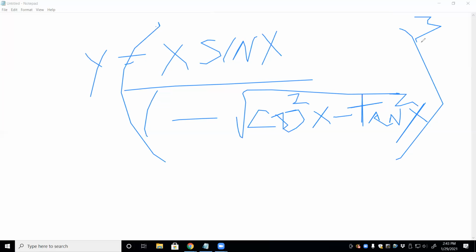Remember, calculus is a process on functions. Always doing something to functions. Differential calculus, you're differentiating functions. Integral calculus, you're integrating functions. Integration is just the inverse of differentiation. You've learned inverses, so you know what inverses mean.